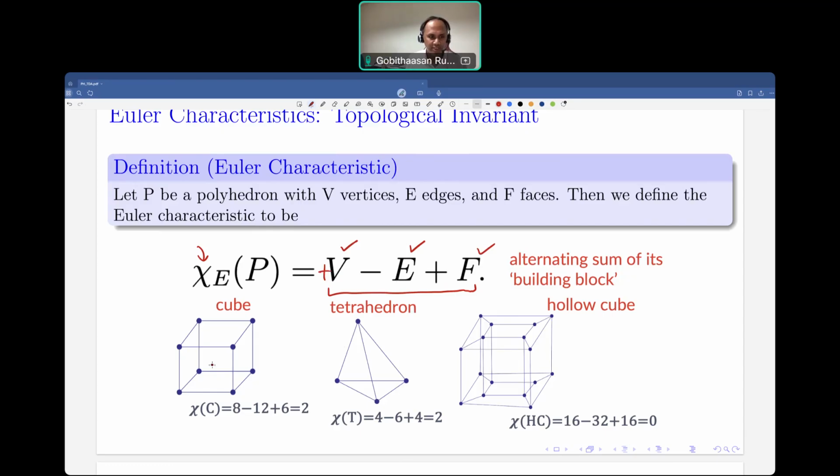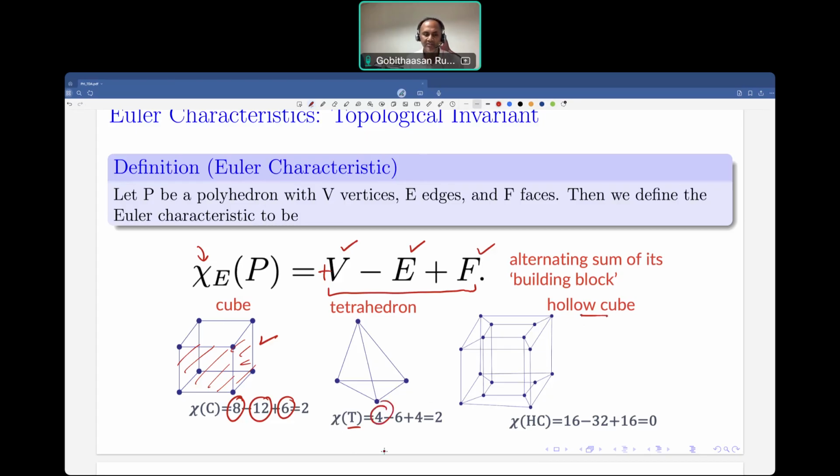For example, the Euler characteristic for a given cube: it has 8 vertices, 12 edges, and 6 faces. Okay, 6 faces. All these are actually colored, but I did not color them here so that you can see them. Same thing for a tetrahedron, and then there's a hollow cube.